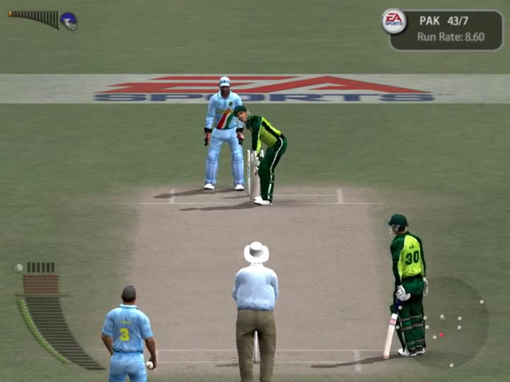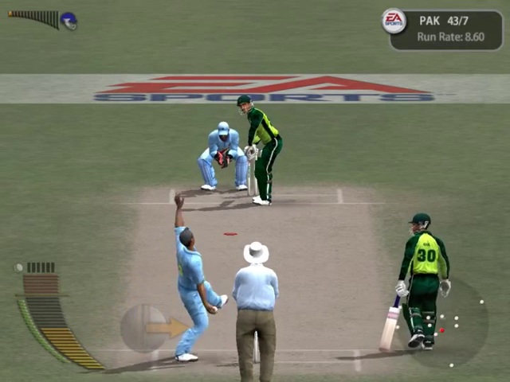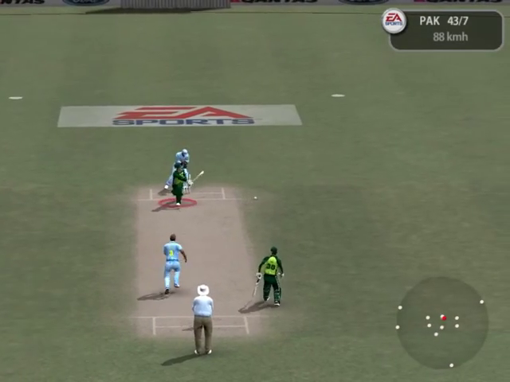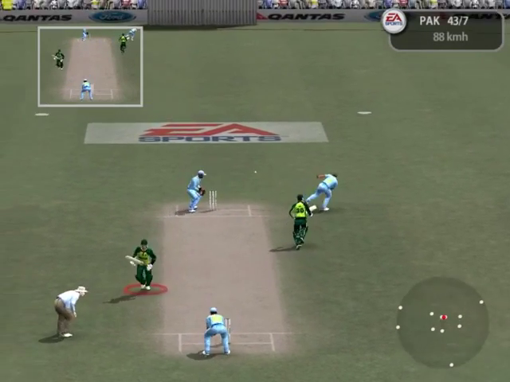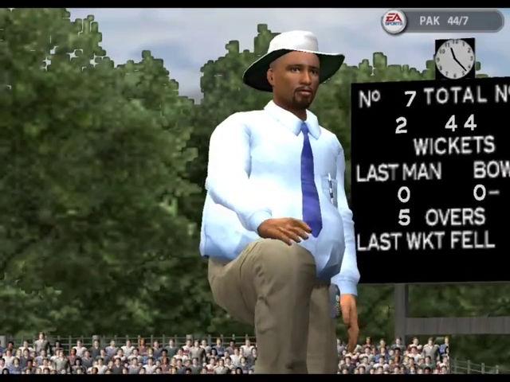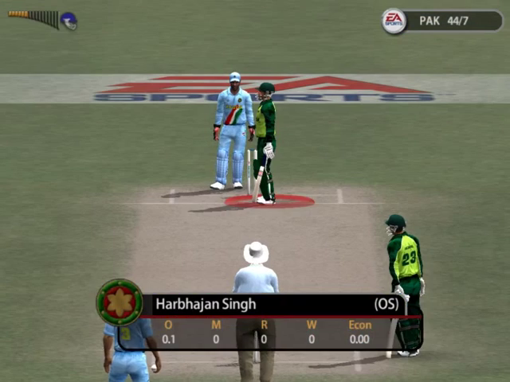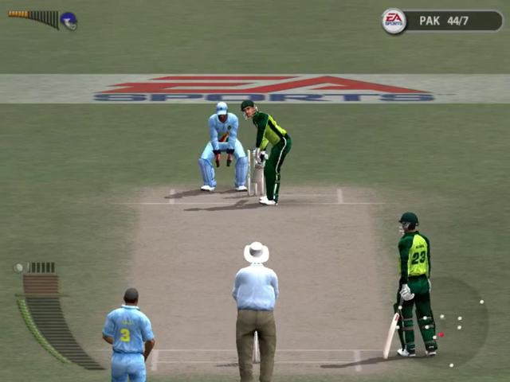Kamran Akmal to face an over of spin. These will be leg byes. Umpires signalling that as leg byes. Harbhajan Singh to Umar Gul.